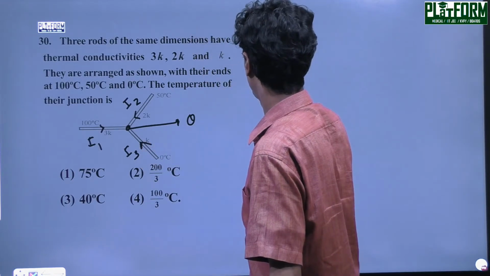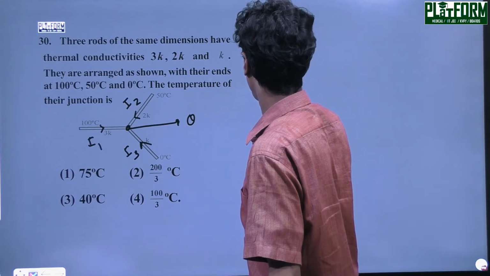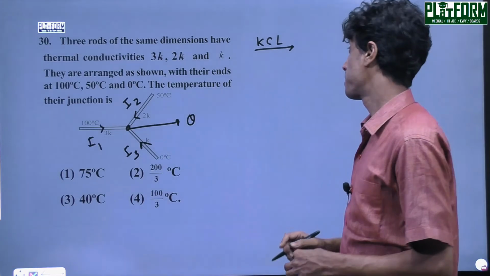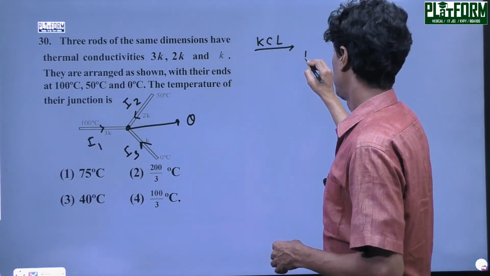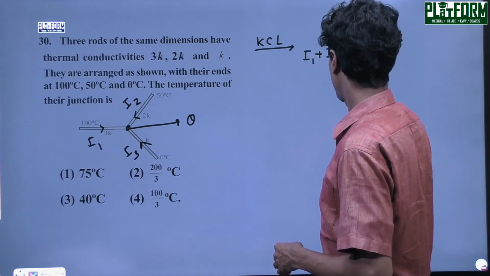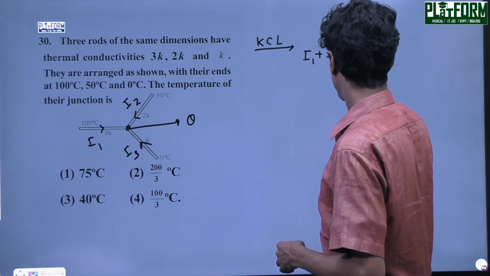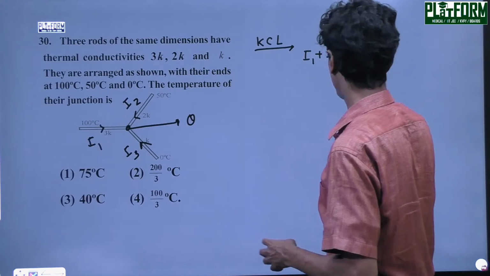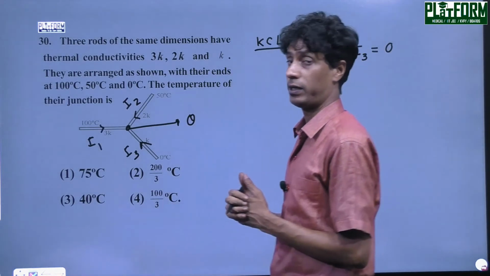So according to KCL, the sum of the thermal currents at any junction, I have taken all the thermal currents entering into the junction.